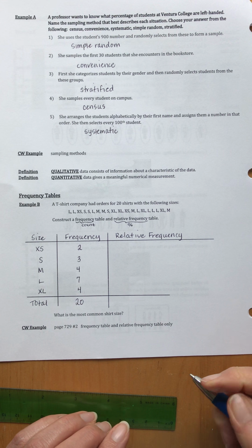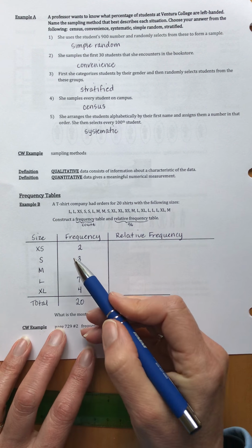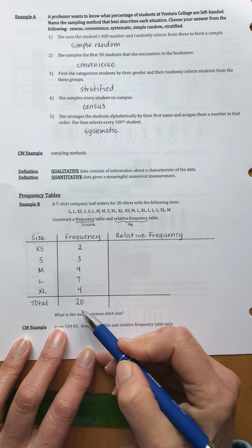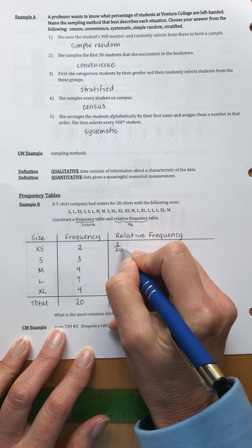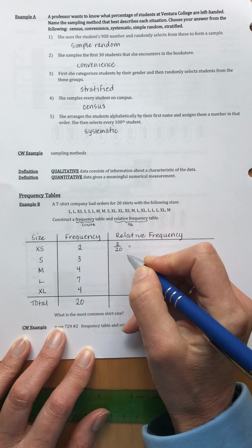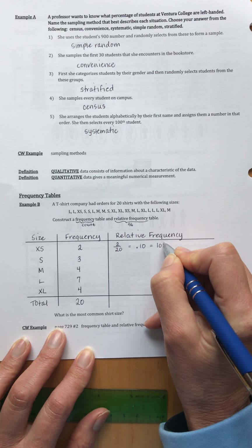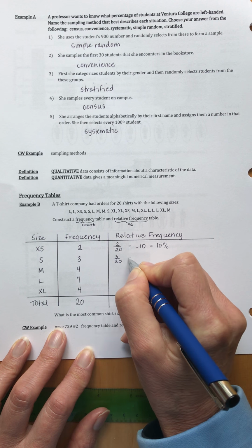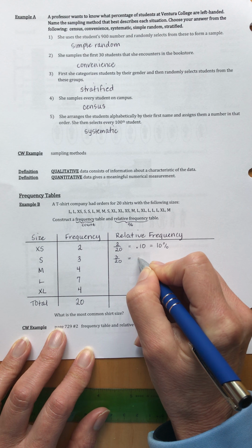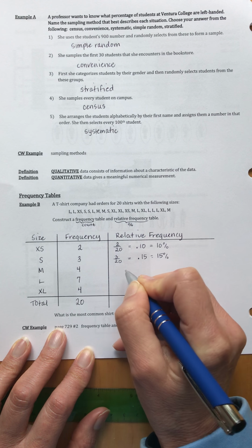Okay, relative frequency. Well, we said that we're figuring out a percentage. So how do we figure out percent? The number of things we're talking about divided by the total. So we're going to say 2 over 20 here, and that's going to equal 0.10 if you get out your calculator, or 10%. So 3 out of 20 is going to equal 0.15 or 15%.